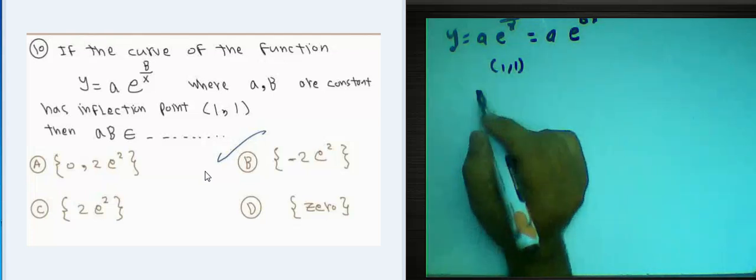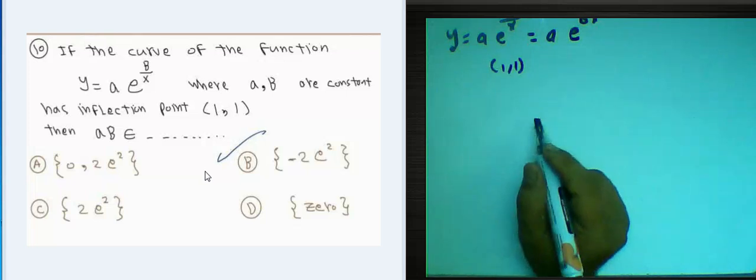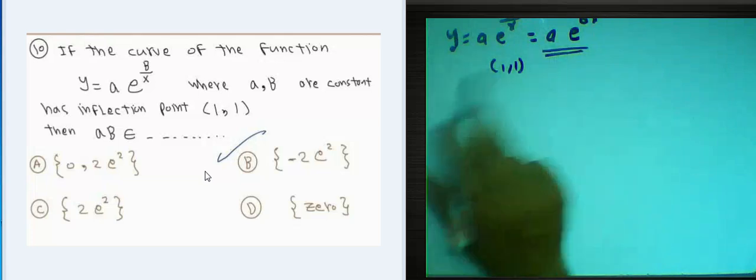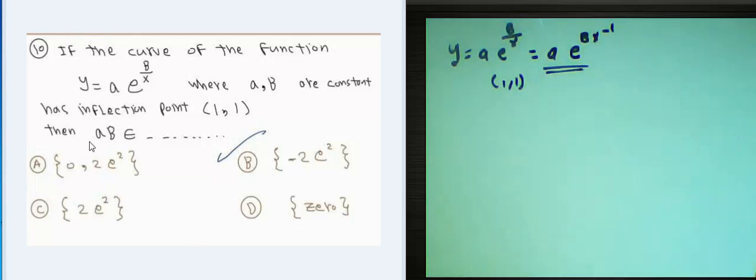We can find the derivative of this function. The example tells us inflection point, so we must find the second derivative of this function.